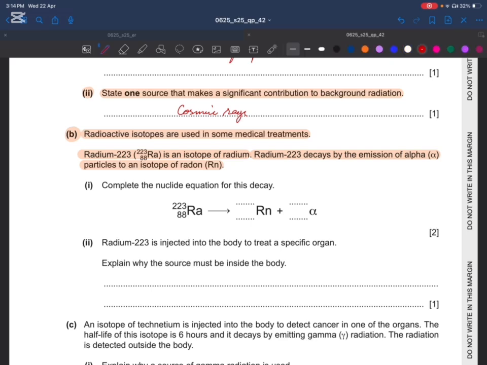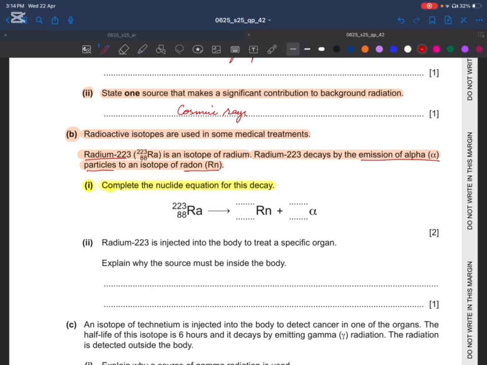So you can have here one piece of information that alpha particles are being emitted and the radium is changed into radon, and they have given you a simple equation here. The radiation is alpha particle, or alpha radiation, and they are saying complete the nuclide equation.